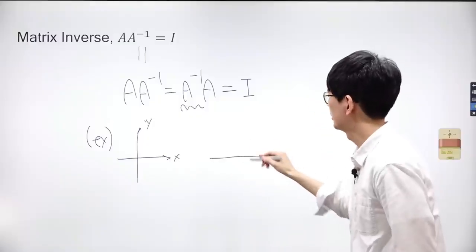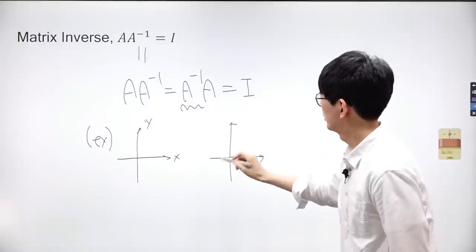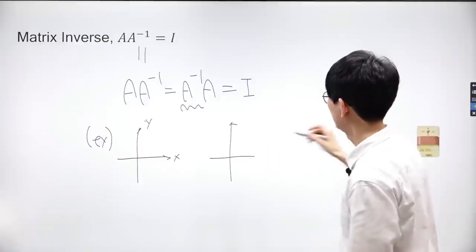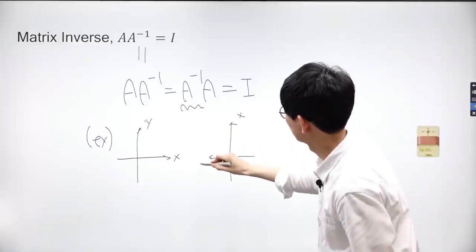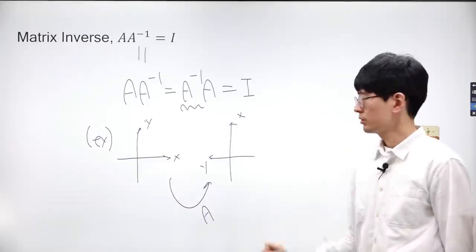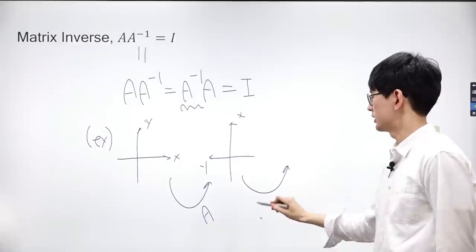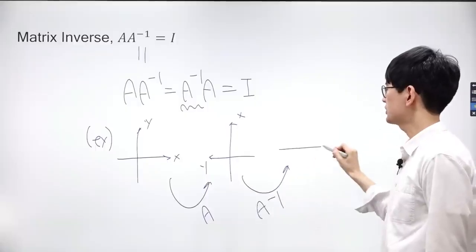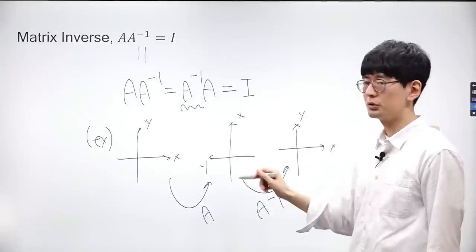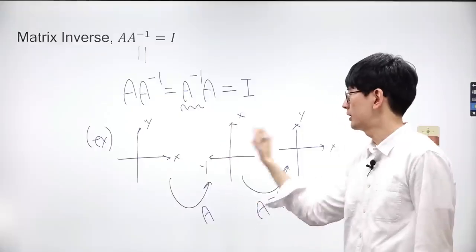Suppose A is a rotation matrix that rotates the space by 90 degrees counterclockwise. Let's visualize the space after it's transformed by matrix A. The inverse matrix of A restores the space back to its original state, where x represents the horizontal axis and y represents the vertical axis.